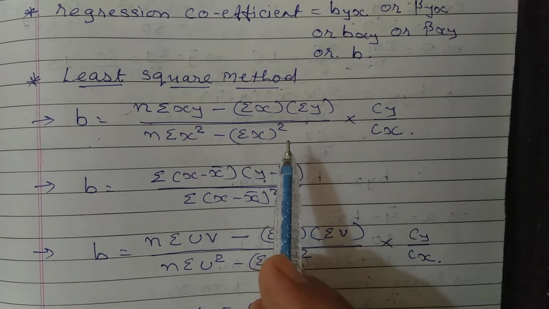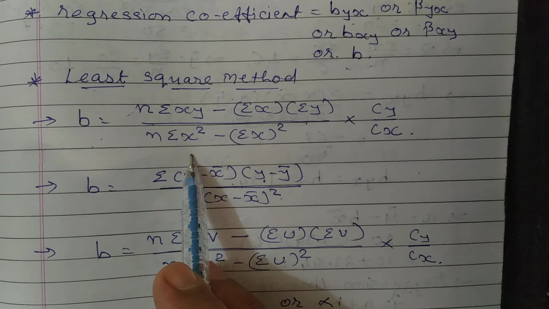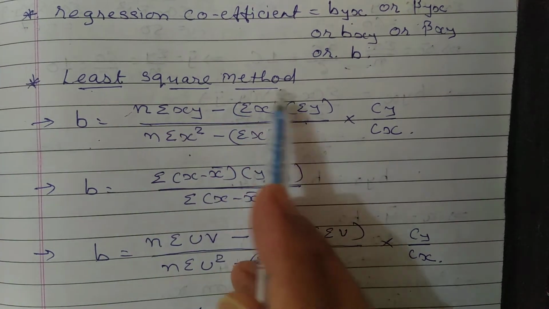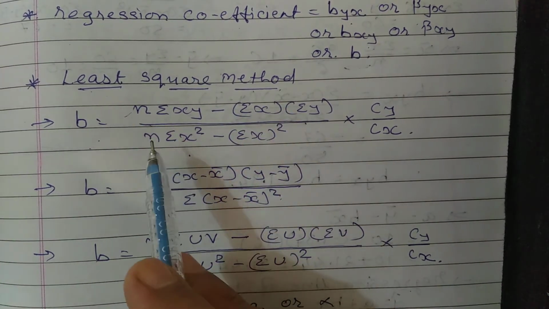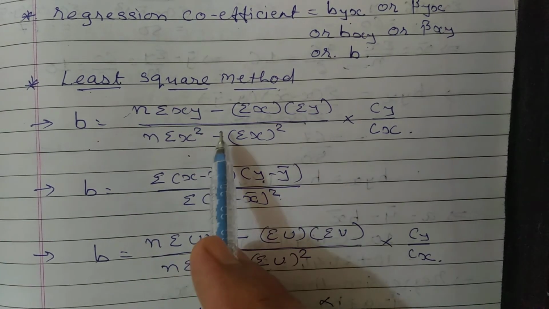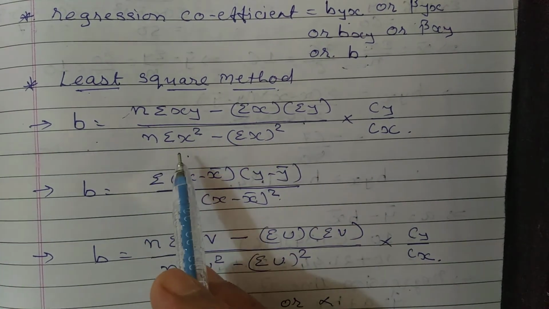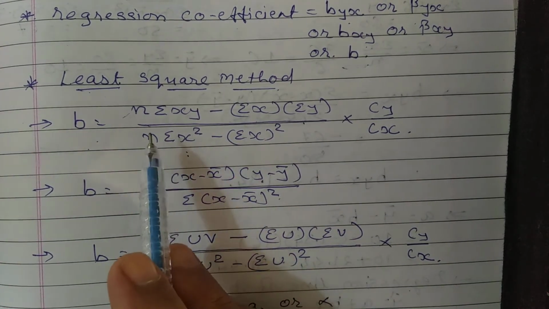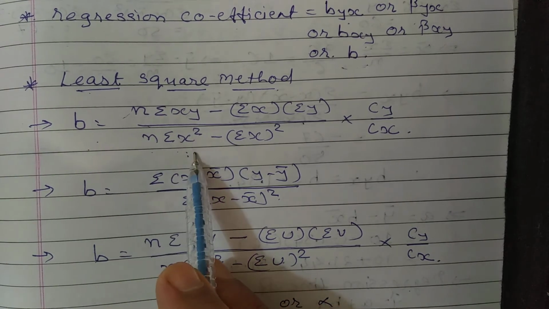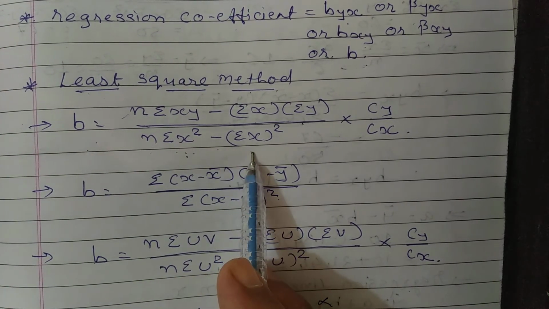But here in regression we are supposed to use only x. Y on x-axis, that means the equation is divided by the elements of x. That's why the formula would be n sigma x square minus sigma x the whole square.